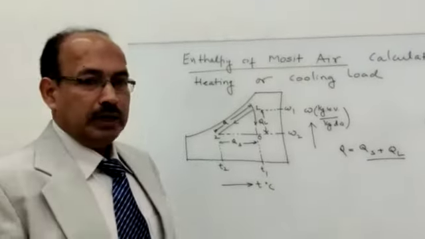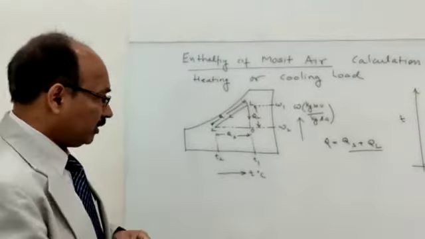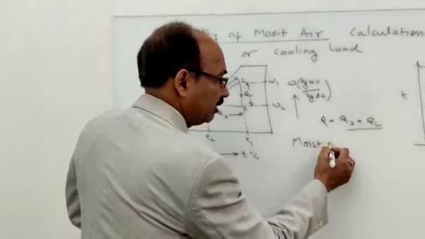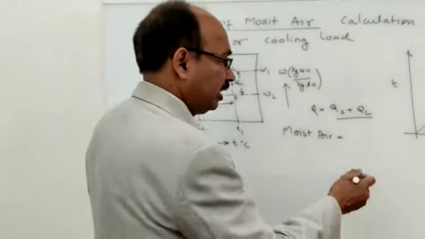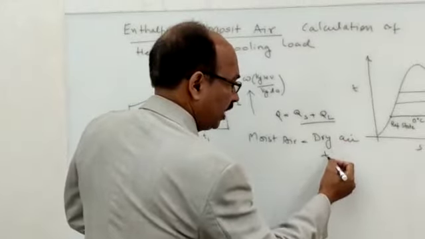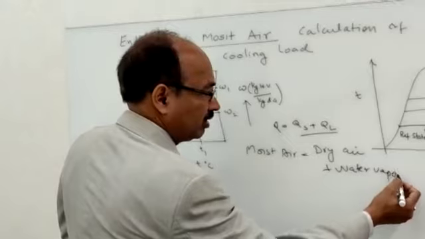In air conditioning you have moist air, and moist air is not dry air. Moist air is a mixture of dry air plus water vapor.